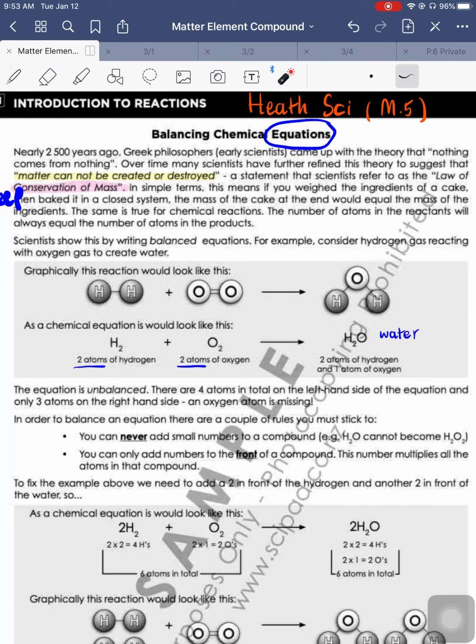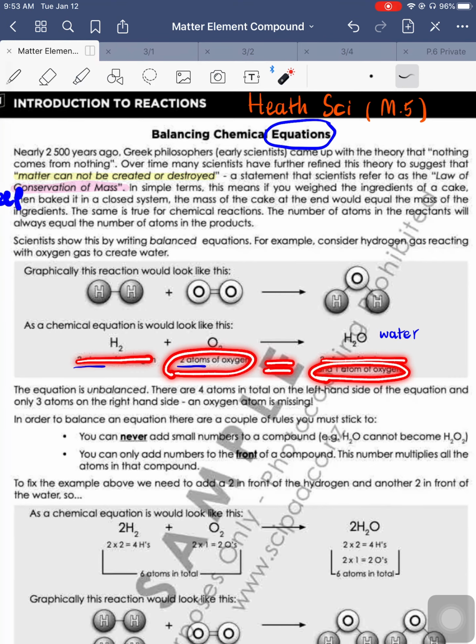So it's not balanced, right? On your right-hand side, you have 2 hydrogen. Okay, 2 hydrogen is balanced. That's okay. But it's not okay for the oxygen atoms. This one has only 1, and your left-hand side has 2 atoms.